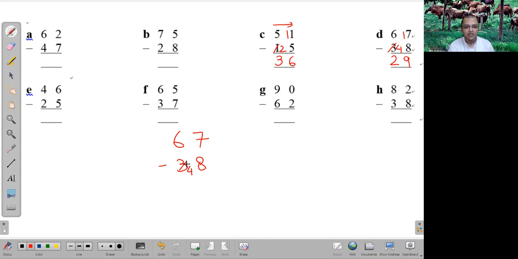When I am changing 3 to 4, I am supposed to subtract 38 or 48? Actually, I should subtract 38. Instead of doing minus 38, what I have done is minus 48.